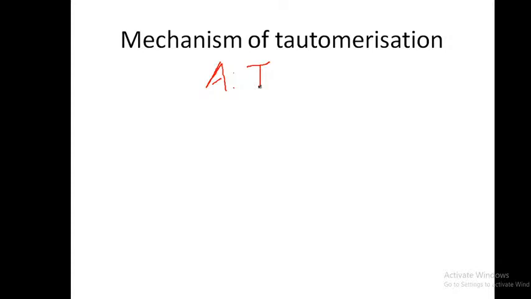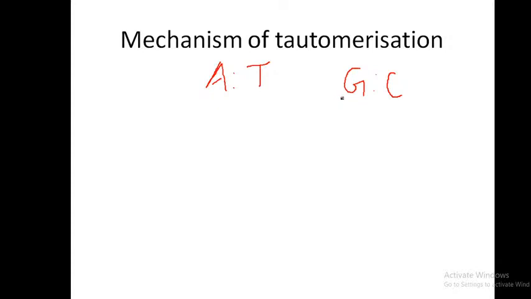A purine replaced by another purine, or a pyrimidine replaced by another pyrimidine, is known as transition, and tautomerization is a type of transition. This is a common type. According to Chargaff's rule, adenine always pairs with thymine and guanine always pairs with cytosine.